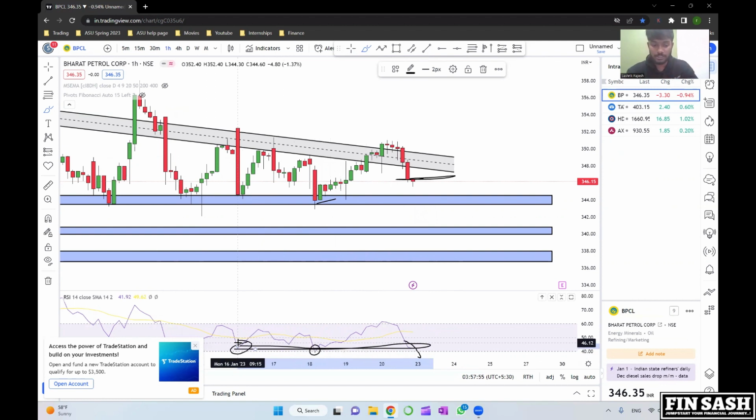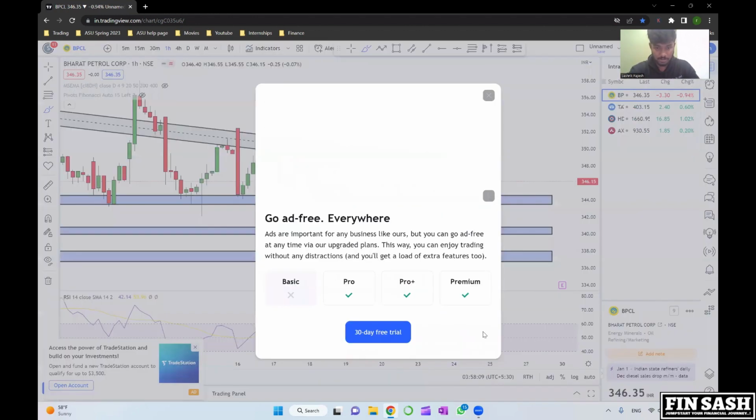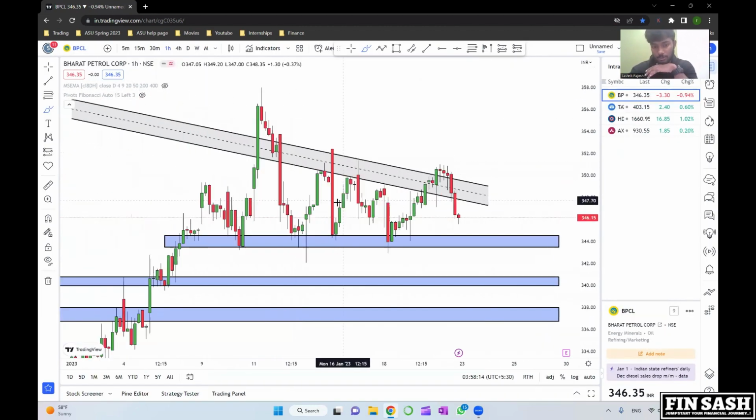So this shows that the market is bearish, like sellers are aggressively selling, because of the momentum it gives when it's just here and not somewhere here. So this shows that sellers are interested to short BPCL. That's why I look for an opportunity to short BPCL. Otherwise, I wouldn't take a trade.